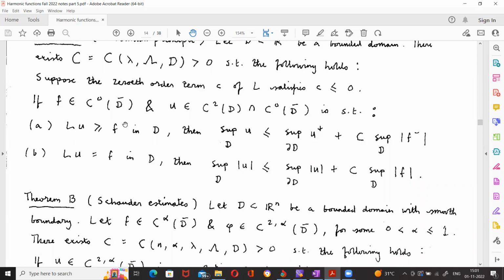The maximum principle says: if f is a continuous function on D closure and u is C2 in D and C0 on D closure, then if Lu is greater than or equal to f in the domain D, then the sup of u over D is less than or equal to the sup over boundary D of u plus this constant C times the sup over D of mod f minus.